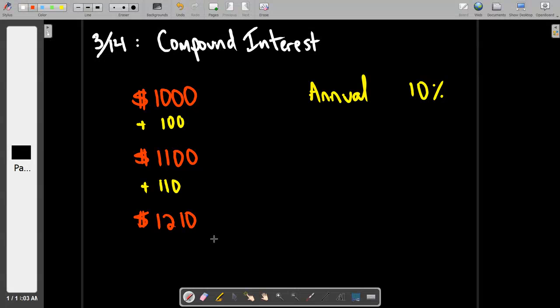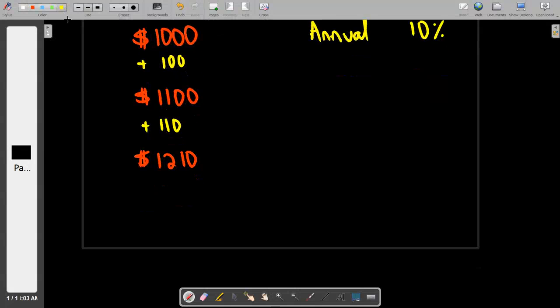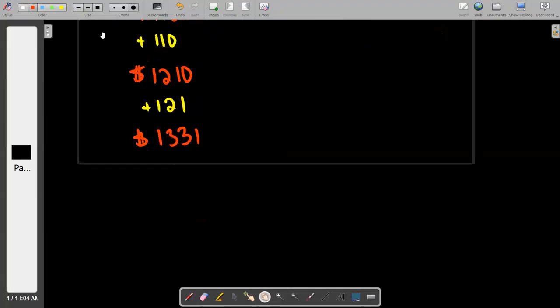$1,210. And how much interest do you then get at the end of the next year? $121. So we add $121, and our new balance is what? $1,331. How much interest do you get at the end of that year? You get $133.10. All right, we're not going to skimp or round here.